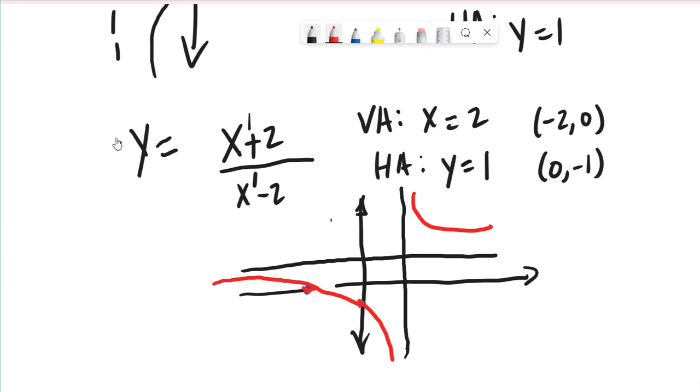Not so much of an improvement, but it'll do. So this would be our equation in either case.